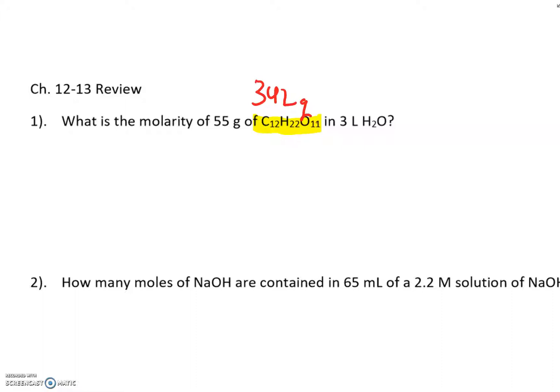So the first thing we need to do is find out how many moles of this stuff we have. How many moles of C12H22O11 do we have if we have 55 grams?